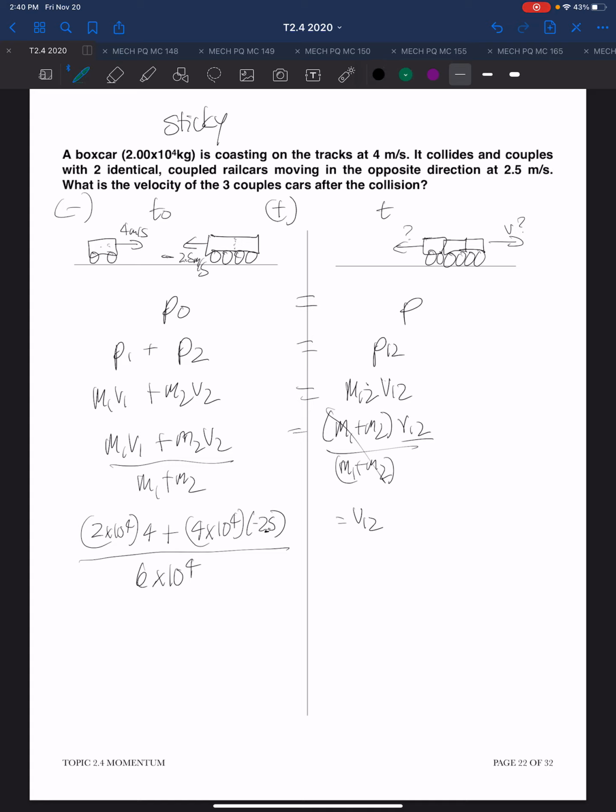Now what you may see here is that these 10 to the 4th, because they're in every term, can be crossed out. If we had factored out that 10 to the 4th, we'd have a 10 to the 4th outside in the numerator, and that would cancel with the 10 to the 4th at the bottom. So what we're left with then is 2 times 4, which is 8, plus 4 times minus 2.5, which is minus 10, all over 6.